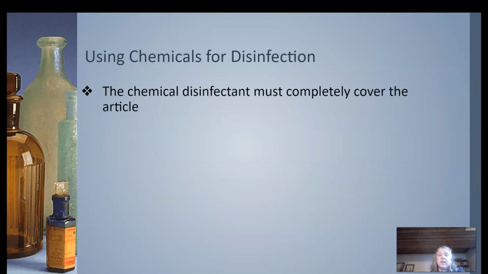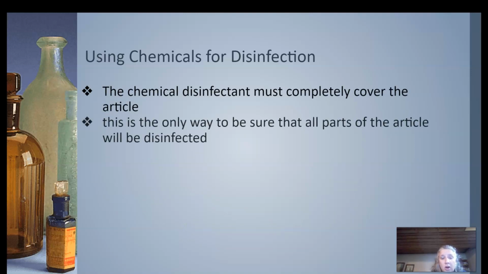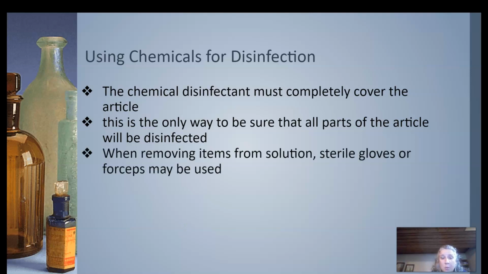The chemical disinfectant must completely cover the complete article or instrument, and the only way to be sure that all parts of the article are disinfected is if the whole thing is covered by the solution. When removing items from the solution, sterile gloves or forceps may be used.